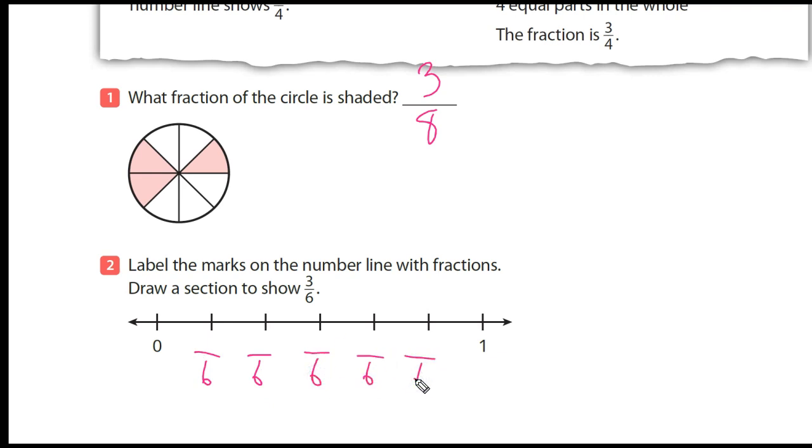Okay, and actually 6/6, right? And then I start with 0. What's the first one? 1/6, then 2/6, then 3/6, then 4/6, 5/6, and then 6/6. Okay.